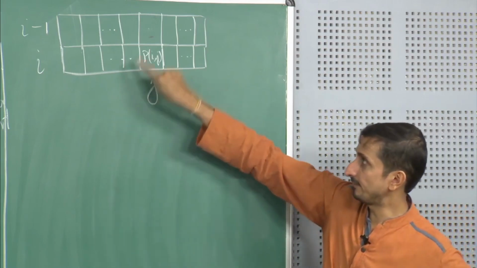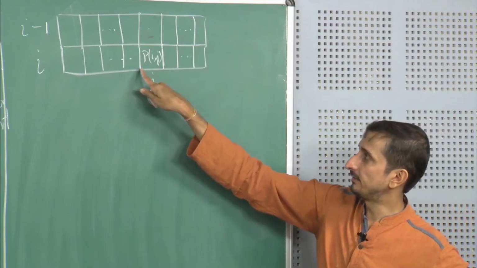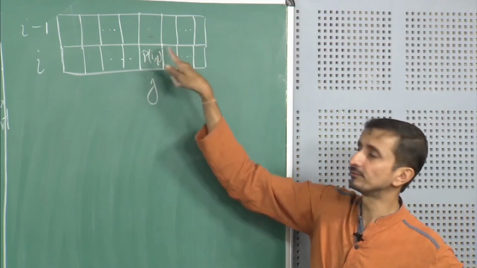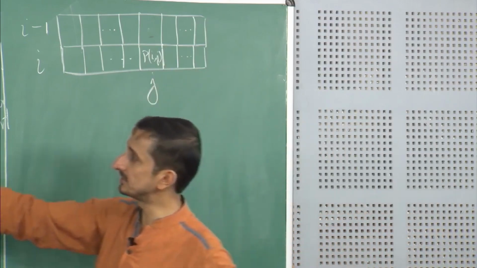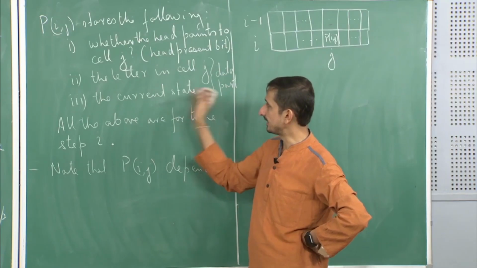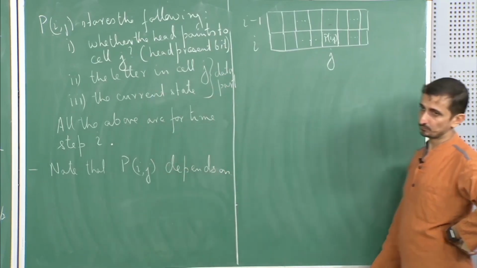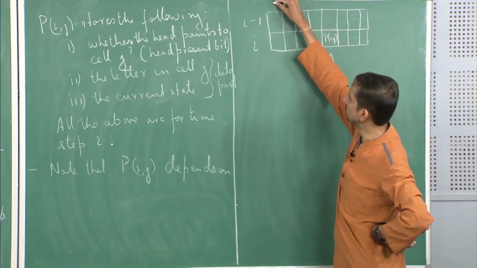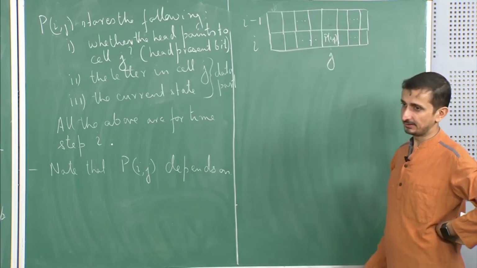No, so if I have to decide what will be the contents of this cell, for the contents of this cell, I have to set 3 things: the current head position, the current letter, and the current state. What does it depend on? Yes, but suppose let us say the head is pointing to some position over here, this cell.